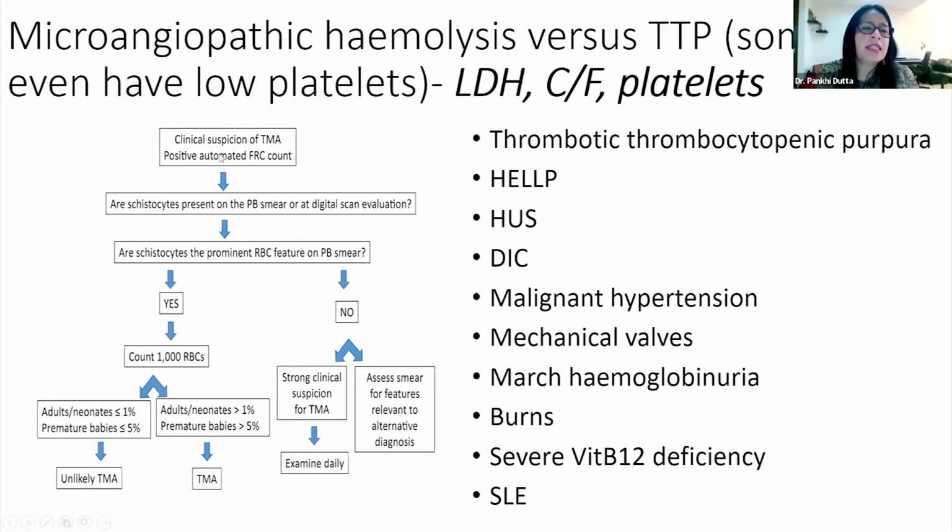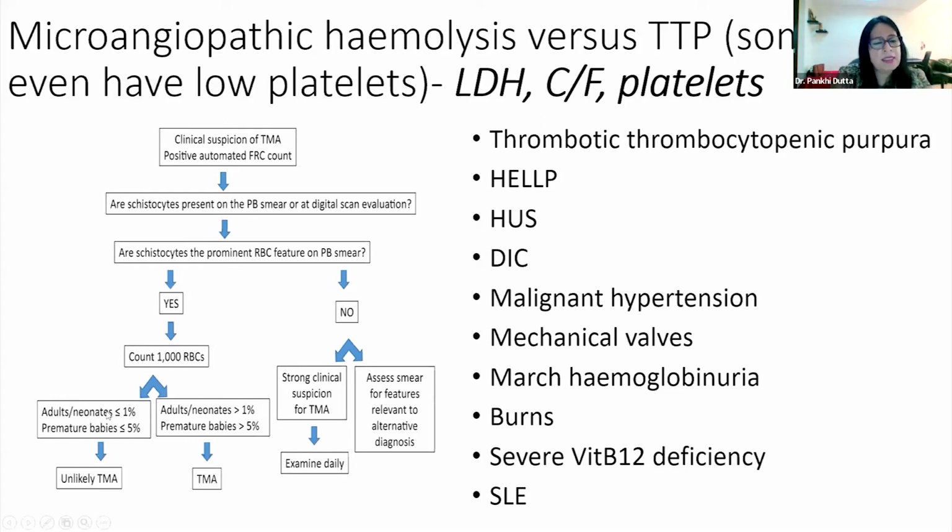So when you have a clinical suspicion, or even when some automated cell counters give you a flag for a fragmented red cell, one should look for fragmented red cells. If they're there, one should also know that a very occasional rare one, in the absence of any other feature, is nothing to get worried about. One shouldn't get worried over every blood film.